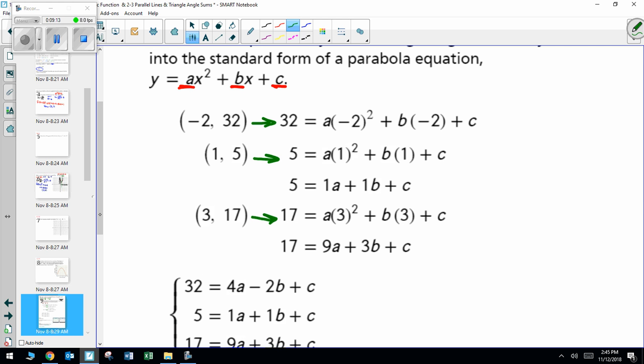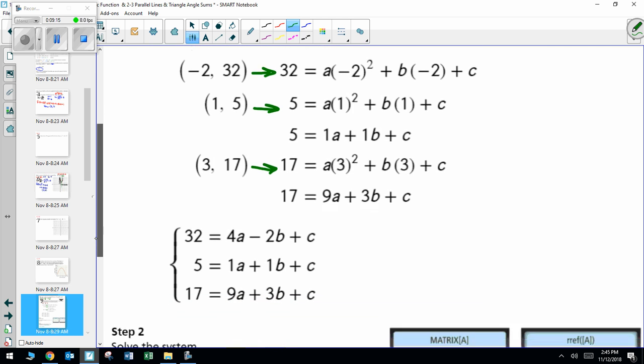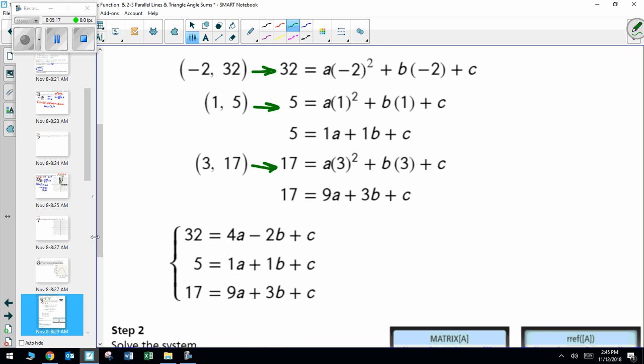And when I do that, we get a system of 3 equations, which, as I remember, we can write as an augmented matrix, just that I have to put these answers on the right side of this.